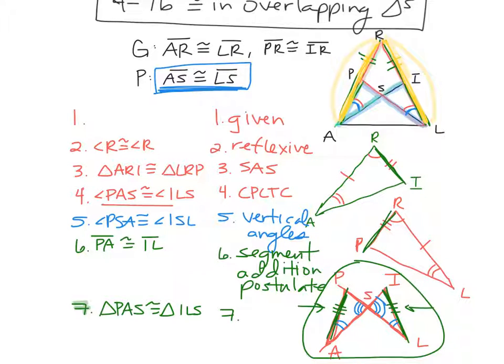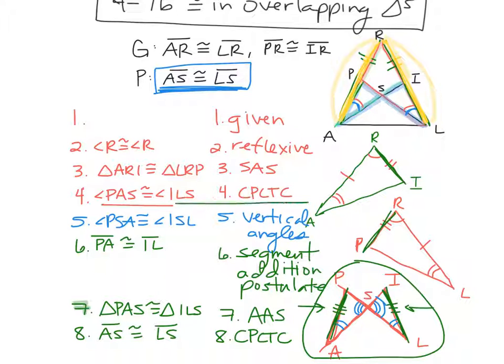Look at your markings there. What do you have? AAS. Okay, so if the triangles are congruent, then everything about them would be congruent, including what they wanted us to prove, that AS and LS are congruent by what? CPCTC.